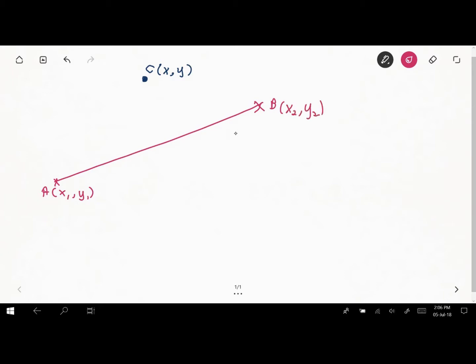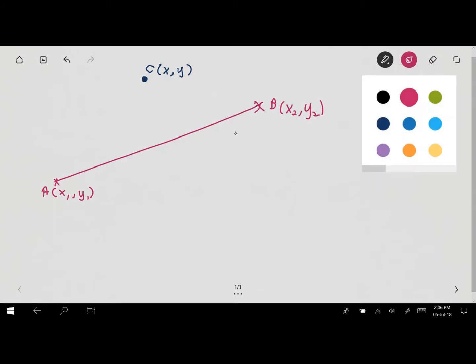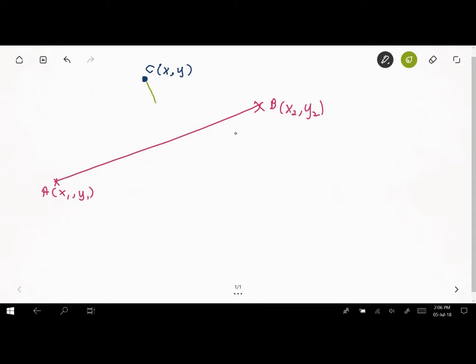Now what we want is to find the shortest distance between the point and the line. Mathematically, the shortest distance between a point and a line is the perpendicular distance that the line forms with the point. In this case it is the green line that I drew here. To make things simpler, we draw a line from the starting point.